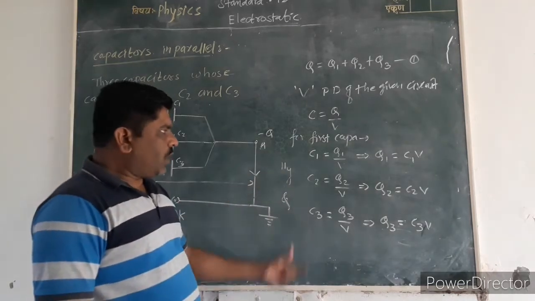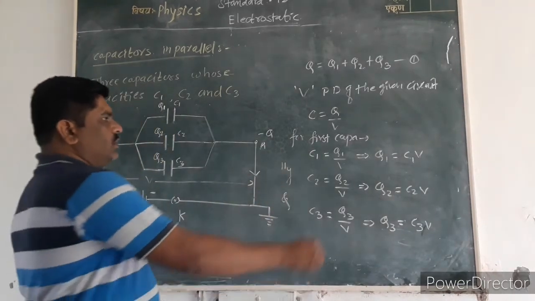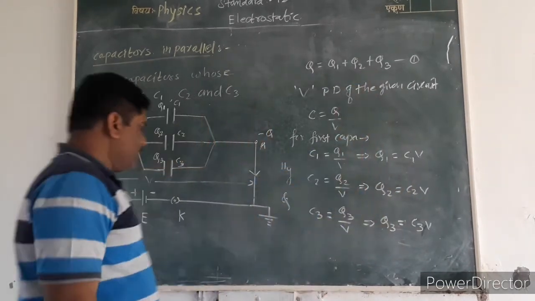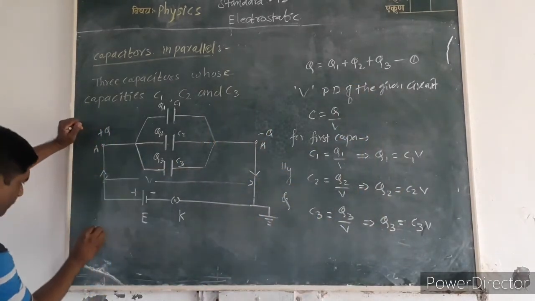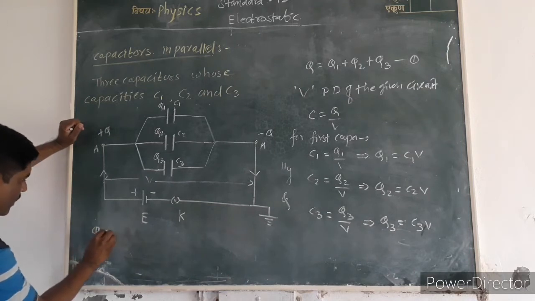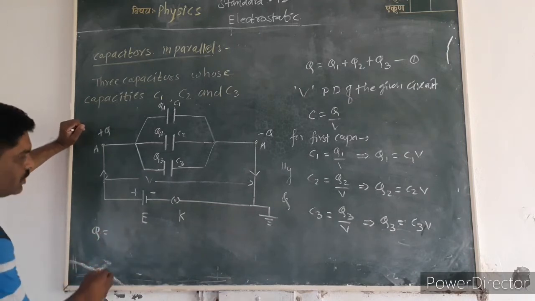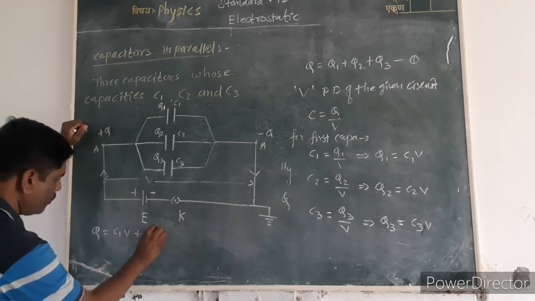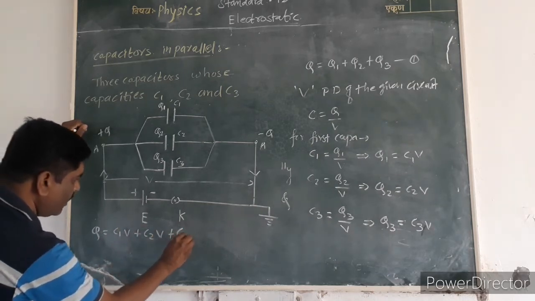Put all these values Q1, Q2, Q3 in equation 1, we get Q is equal to C1V plus C2V plus C3V.